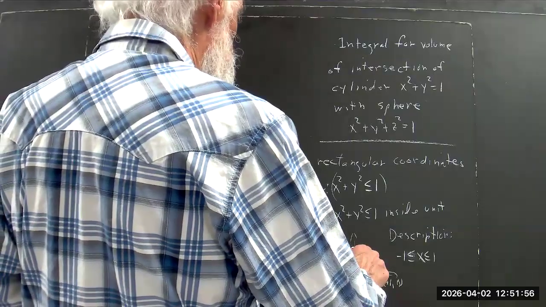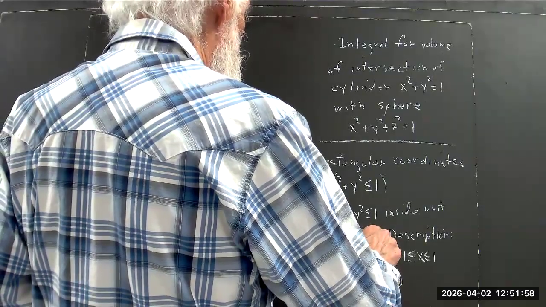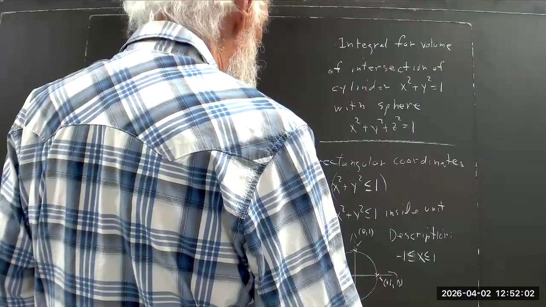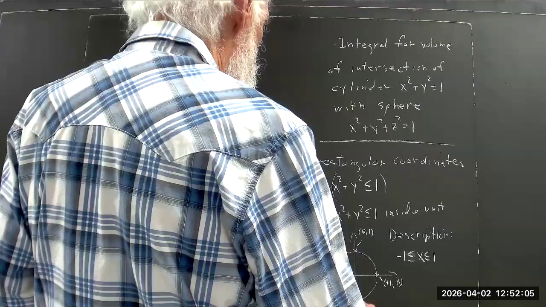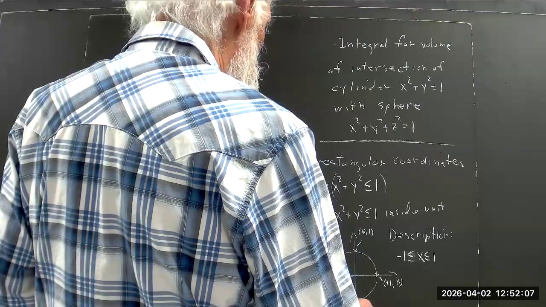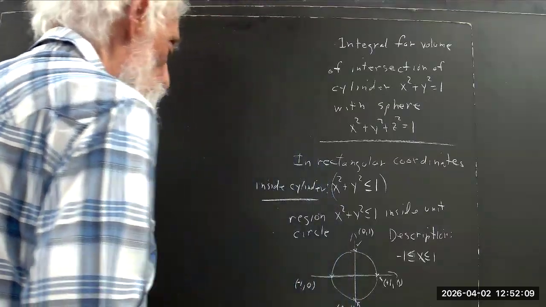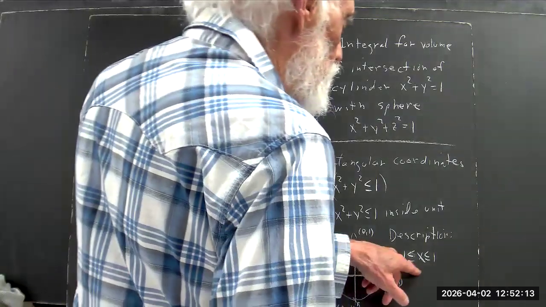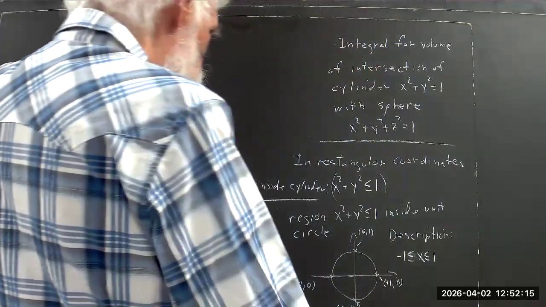It's (-1, 0), (1, 0), (0, 1), (0, -1). We take an x value between -1 and 1.